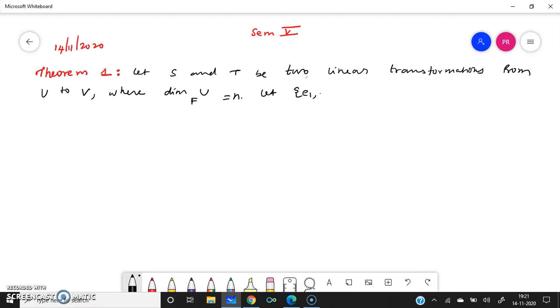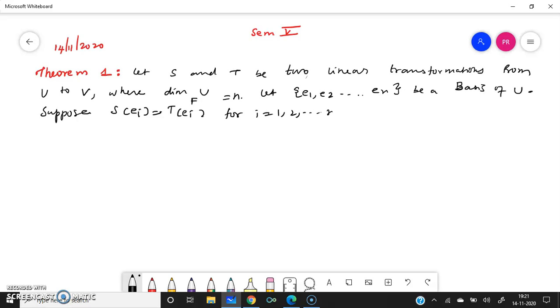Let E1, E2 and so on to En be a basis of U. Suppose S of Ei equal to T of Ei for i equal to 1, 2 and so on to n, then S of u equal to T of u for all u belongs to U.